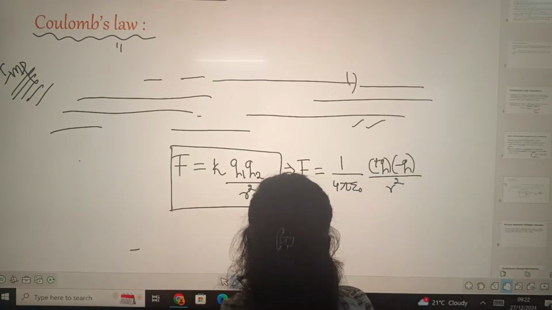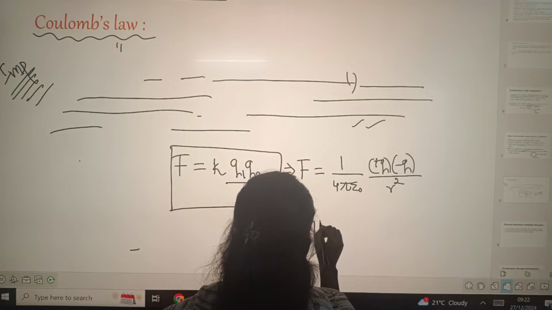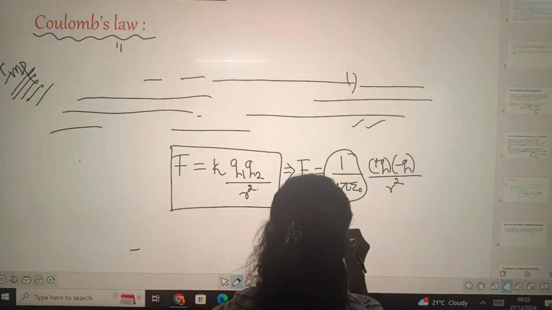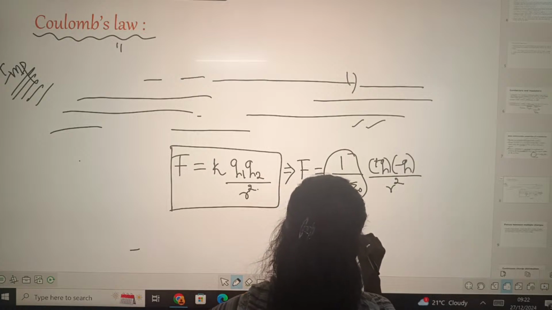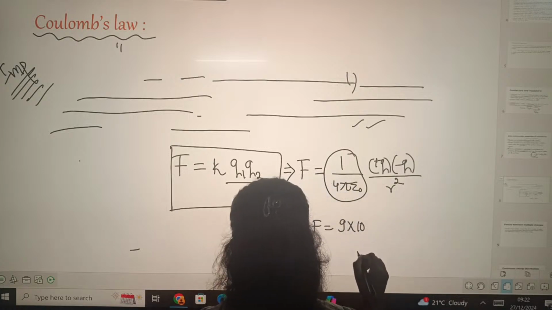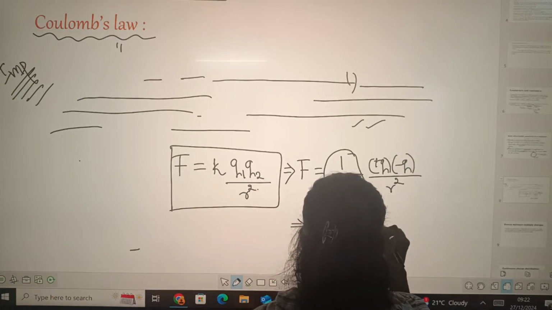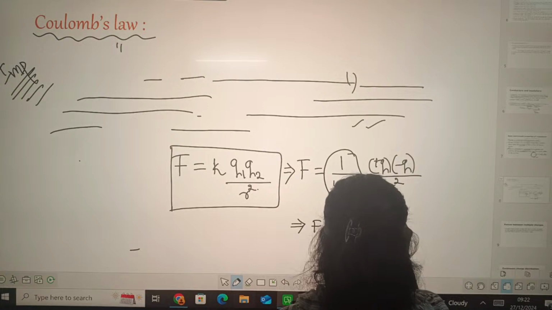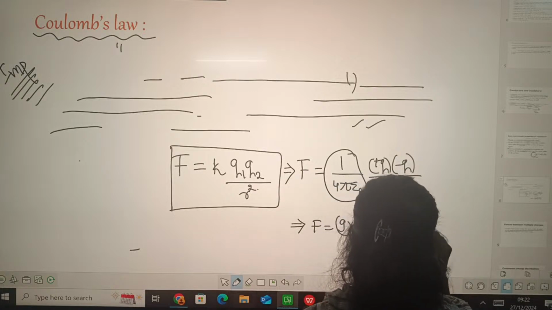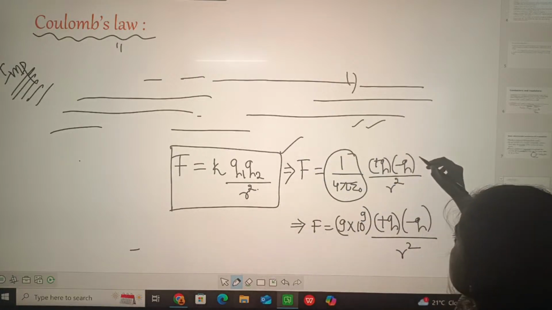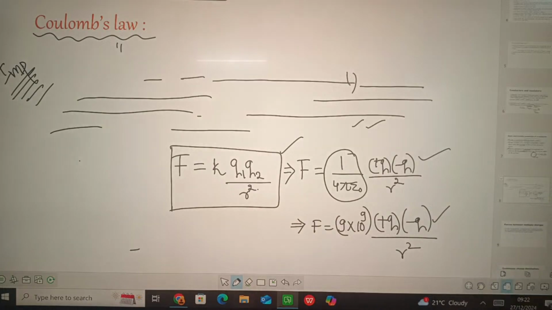Or it can also be written as F is equal to 9 into 10 to the power of 9 into plus Q into minus Q divided by R square. This is Coulomb's law.